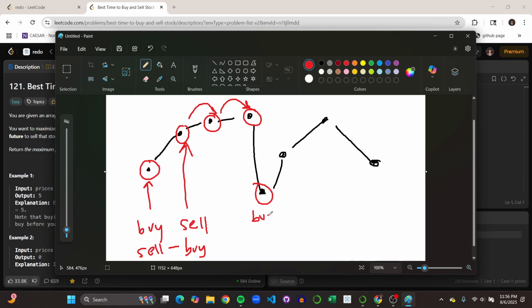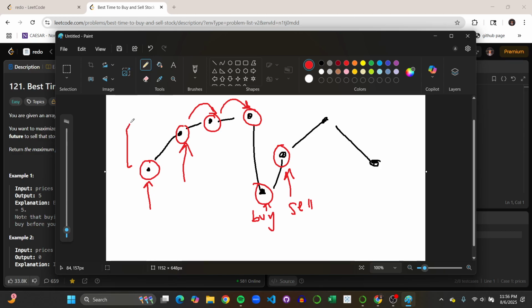So now you set this to buy, and this is your new sell. And then let's say you keep track of the biggest profit in the past as something called max profit. Then once you find a new lowest point, you just want to see if any of the potential profits are greater than the max profit.